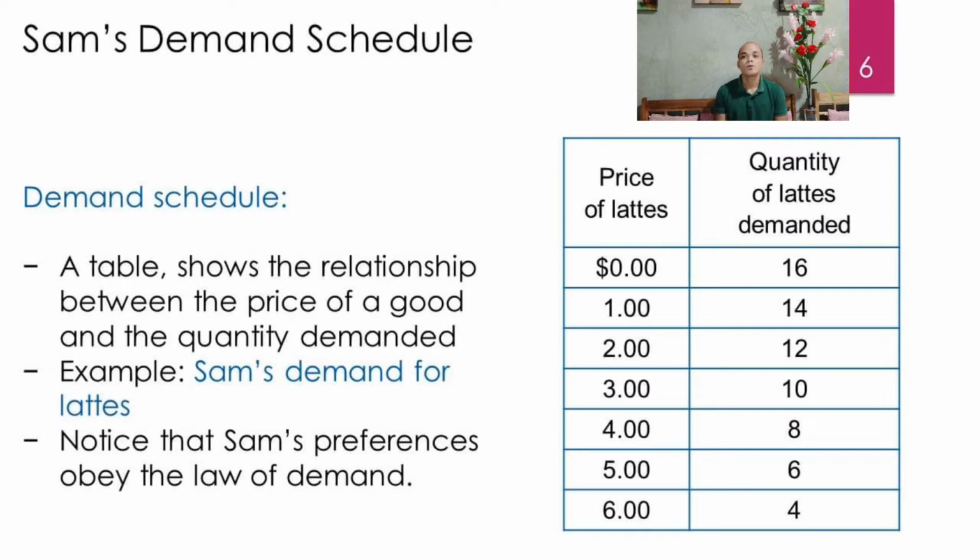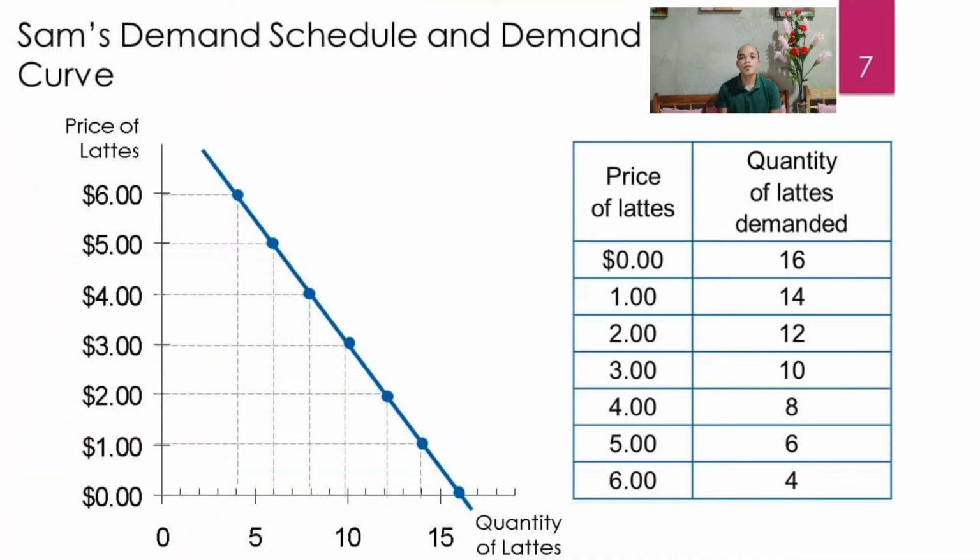Next, in this example, on my right side, you see Sam's demand schedule and Sam's demand curve. In doing the demand curve, you need to base it on your demand schedule.